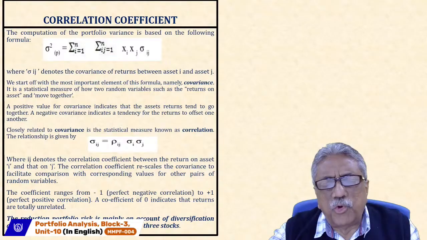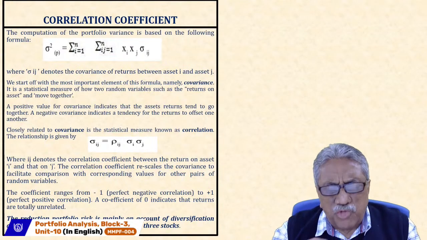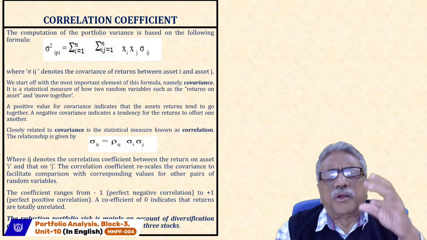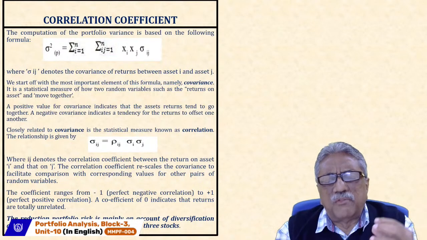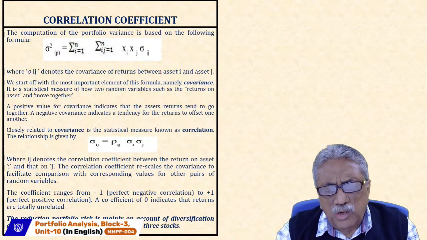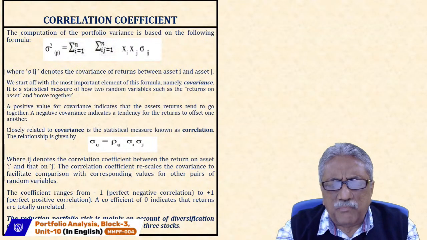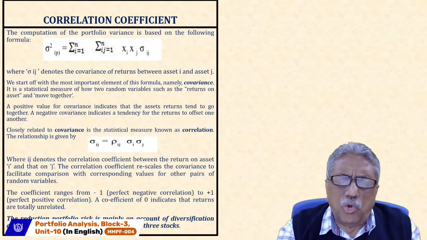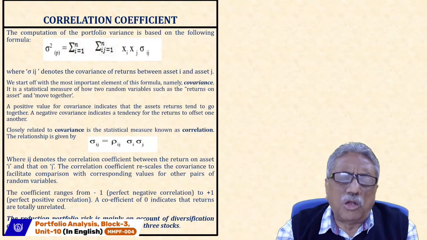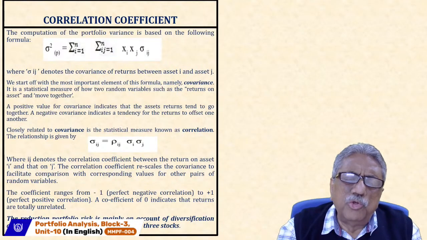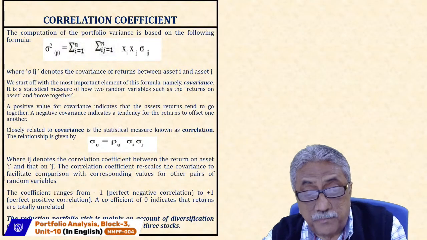That means when the going is good, to some extent you will not get a very high return, but at the same time when the market goes down, because there is a negative correlation, you will keep your investment better, and the one which was going high will go low. Ultimately, you will not lose that much, or you may be in profit.